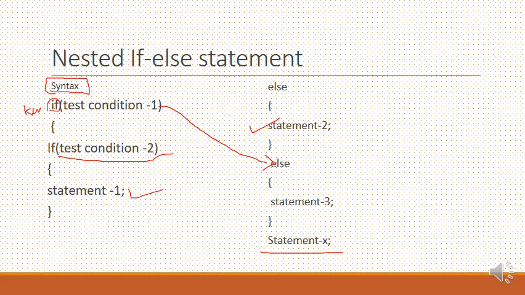I will tell one example, and for the same example we are going to write the program. First I will explain it. Suppose I want to apply for a job, whatever the name of the job may be. The conditions for that job are: your age should be more than 18 and your percentage should be more than 60.